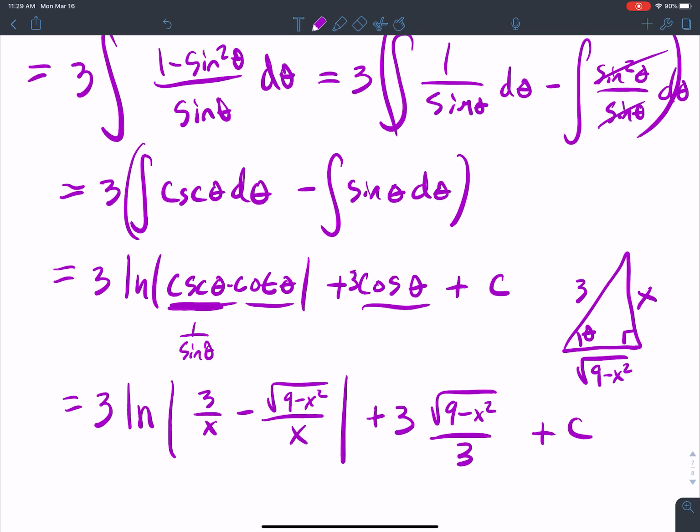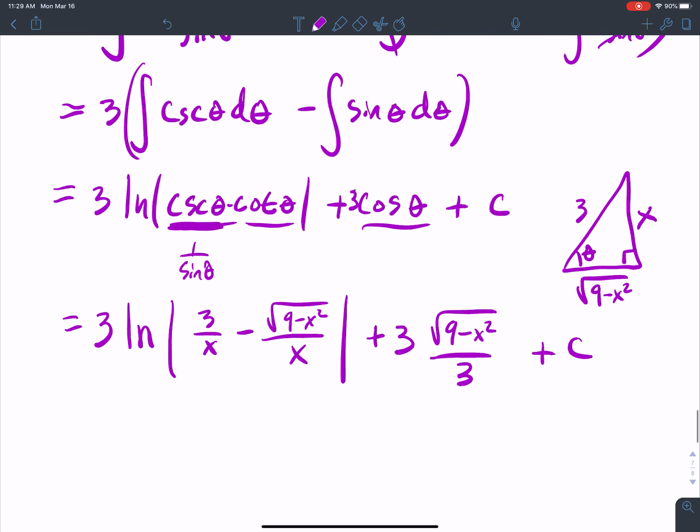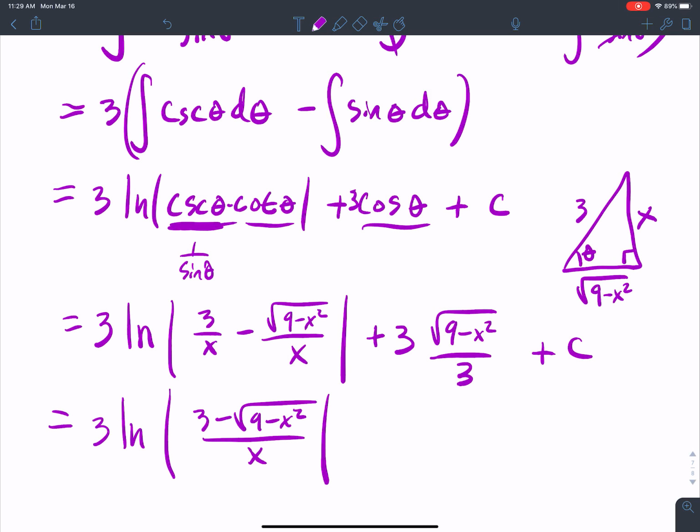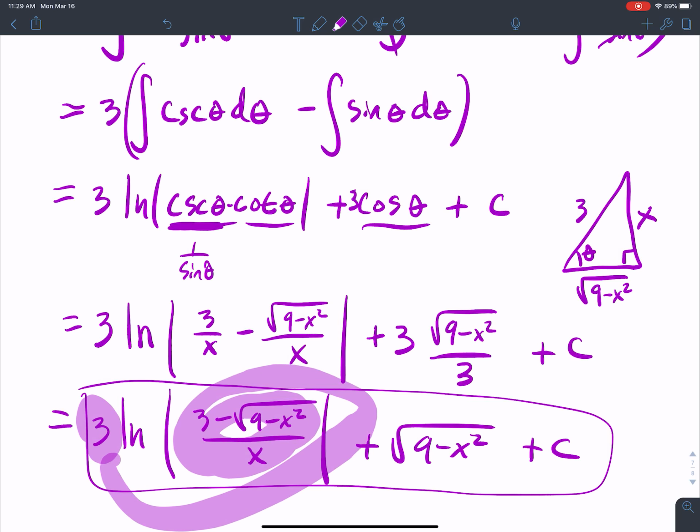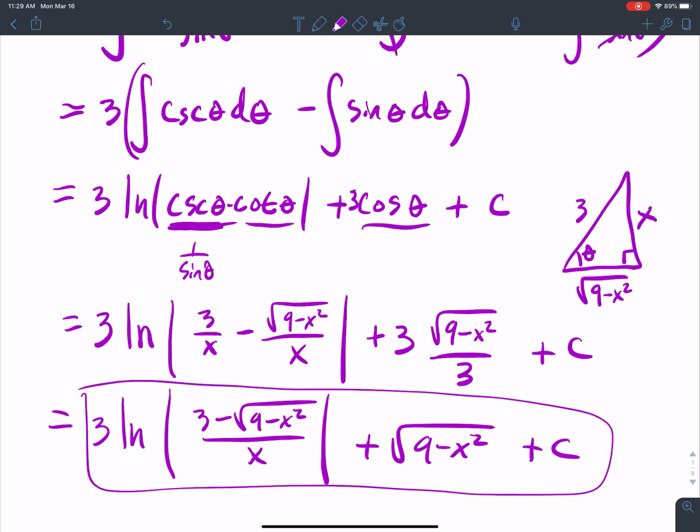And I can do a little bit of simplifying and get 3 ln absolute value of 3 minus square root 9 minus x squared over x, plus square root 9 minus x squared, plus c. If you want to pull that 3 factor out and make it an exponent of this thing in here, that's fine, but what we have written here is just dandy.